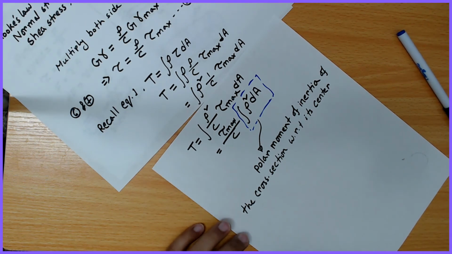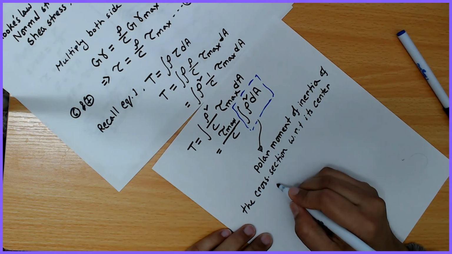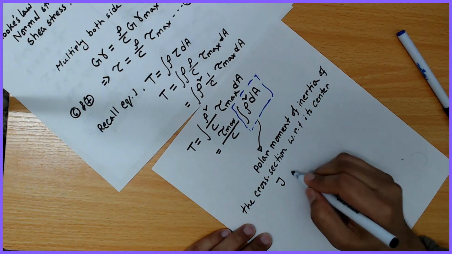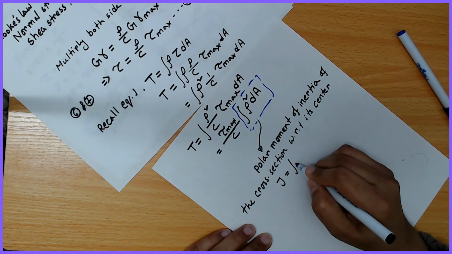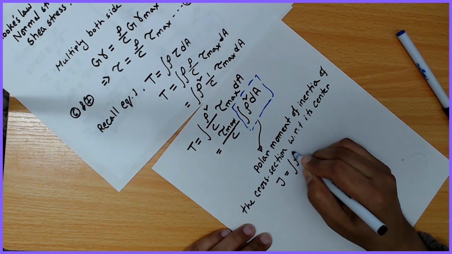And this polar moment of inertia we can simplify and call J. So J is integral of rho square dA.